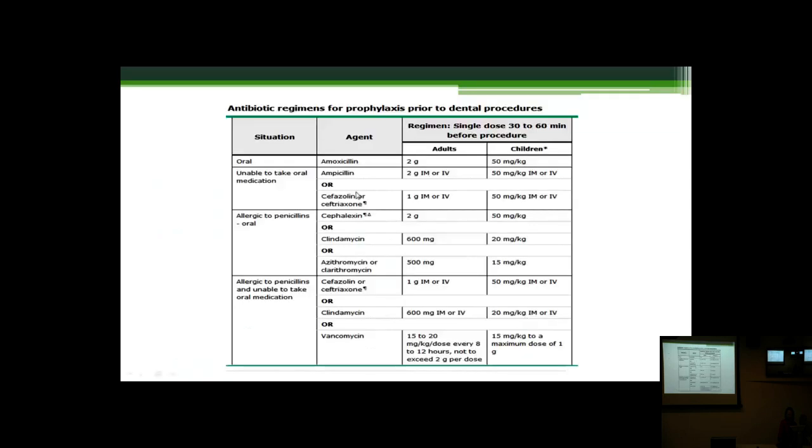And antibiotics of choice for prophylaxis include amoxicillin, cephalosporins, clinda, and azithromycin. So those are some options based on whether or not they're allergic to penicillin.